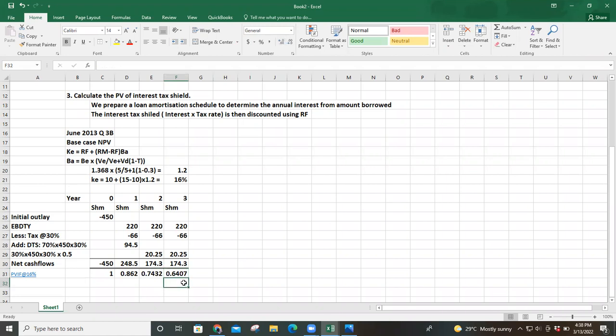Then of course the best case NPV, so we multiply.